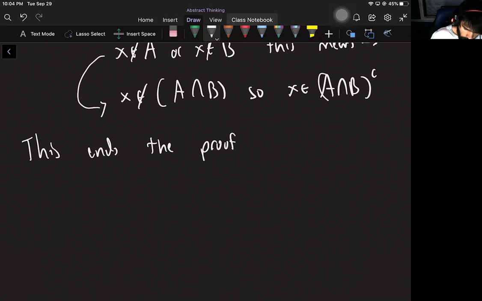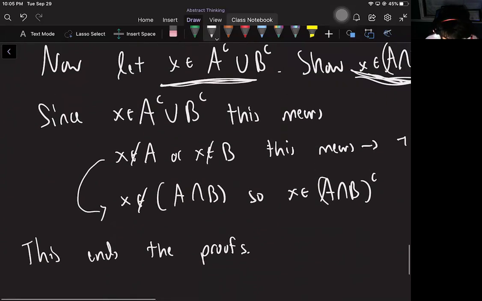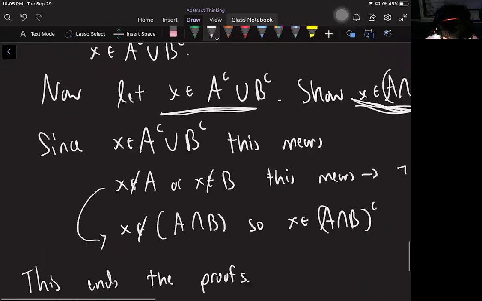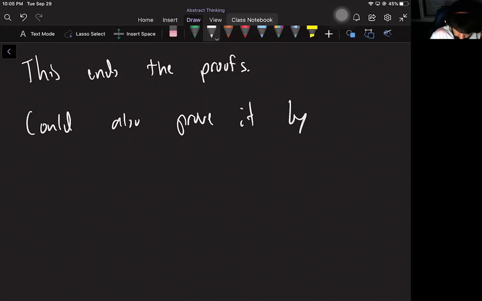Oftentimes, when an equality of sets proof looks like doing the same proof twice, one in the reverse direction of the other, what that really means is you could also prove it by just starting with one of the sets and being very careful, and then just talking about it through its definition.